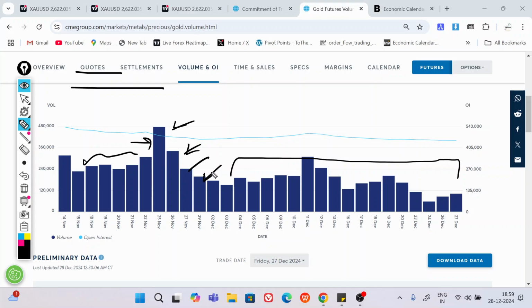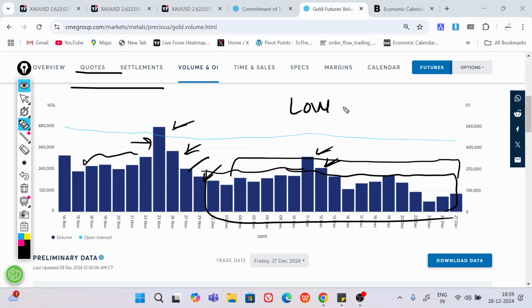But after this in December, except these 2 days, we have seen almost flat volume. I think you already know the main reason: the year end closing. So we have seen very low volume at year end.